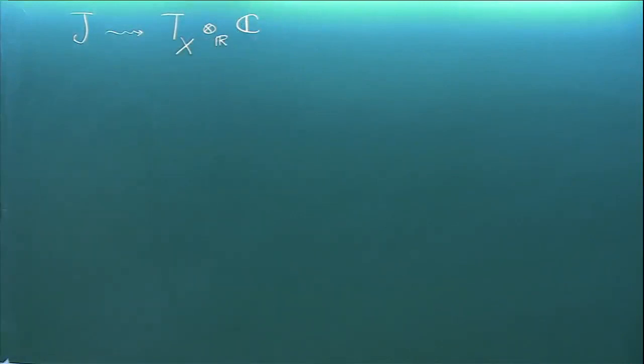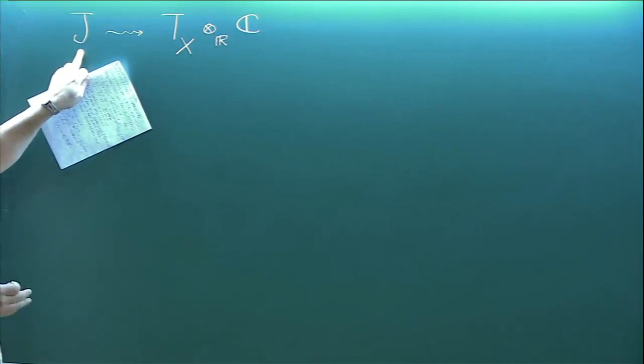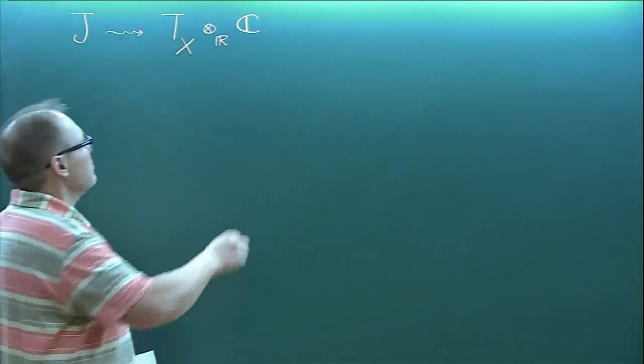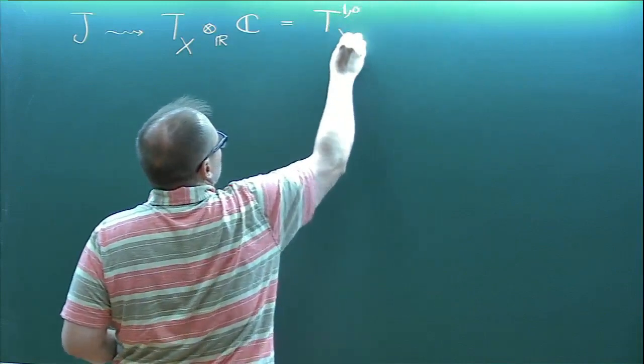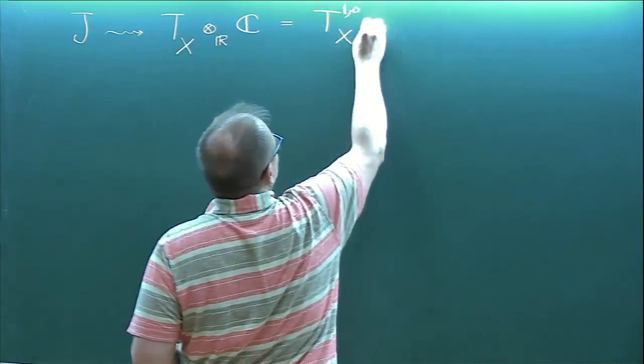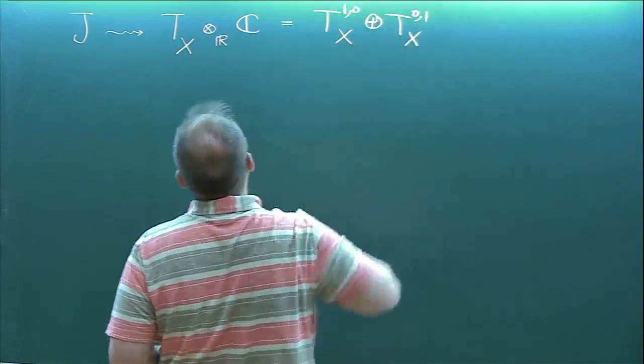And then, because this J is a real operator, the eigenvalues come in pairs. So every eigenvector, the complex conjugate, will be another eigenvector. And so the plus eigenvectors, plus square root of -1, we called T^{1,0}. And then the other ones were T^{0,1}.